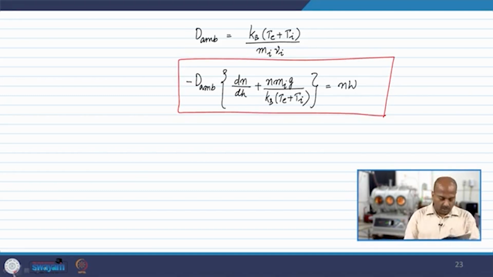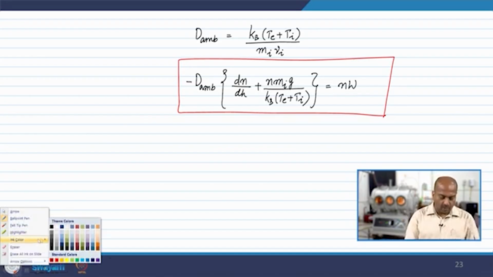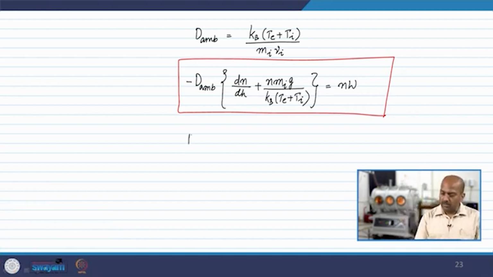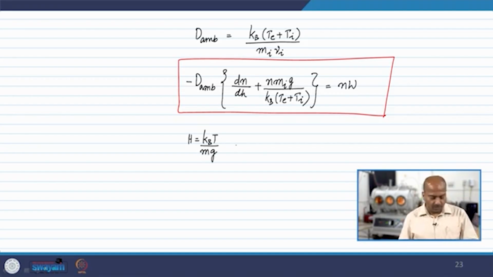Now, if you look inside the bracket, there are a few terms which are already familiar to us, because we know the plasma scale height as kBT by mg generally, right.